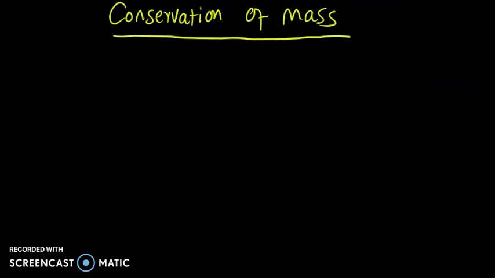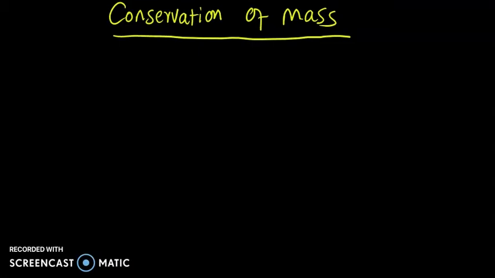The law of conservation of mass states that mass is conserved in a chemical reaction. What that means is that the number and the type of each atom in a chemical reaction must be the same in the reactants and in the products.